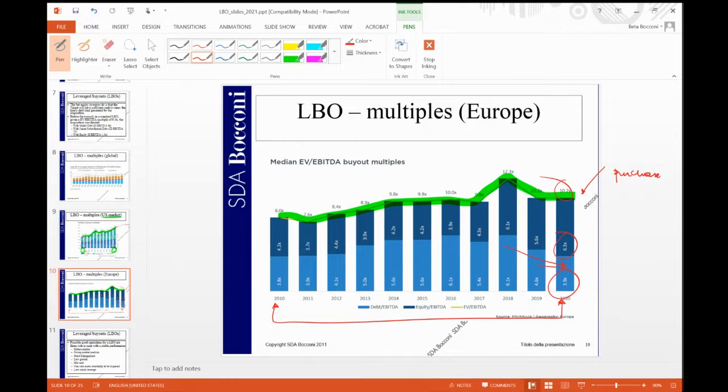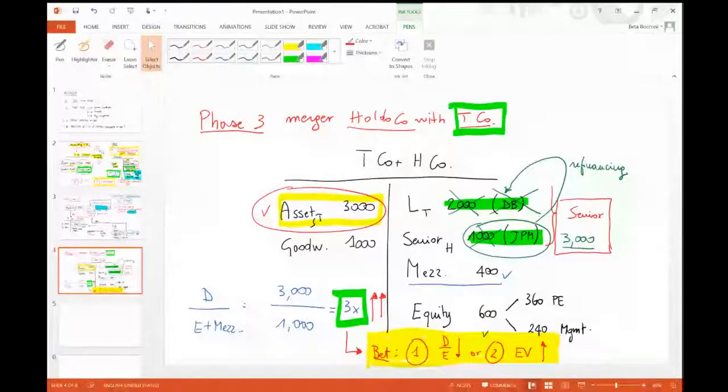Okay? So this was just to focus a little bit on point number 1 of our agenda, the phases and the structuring of an LBO. But now let's go back to our bet.